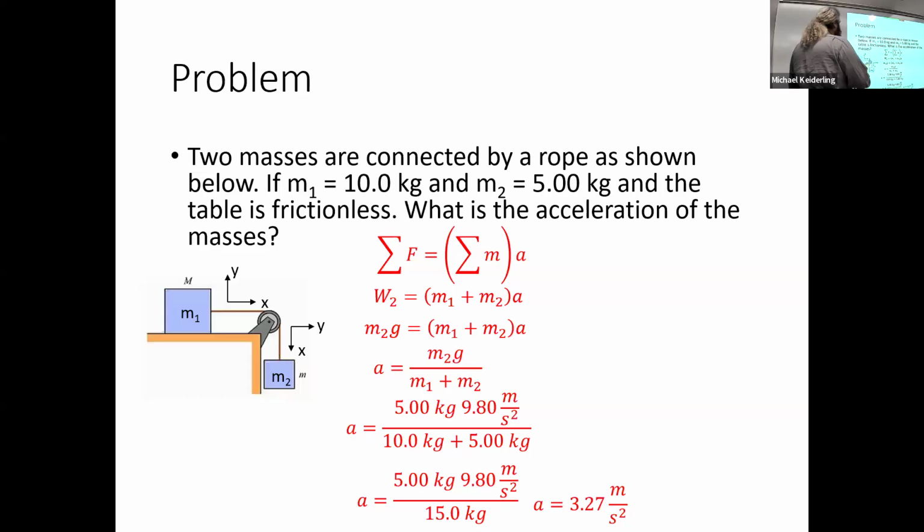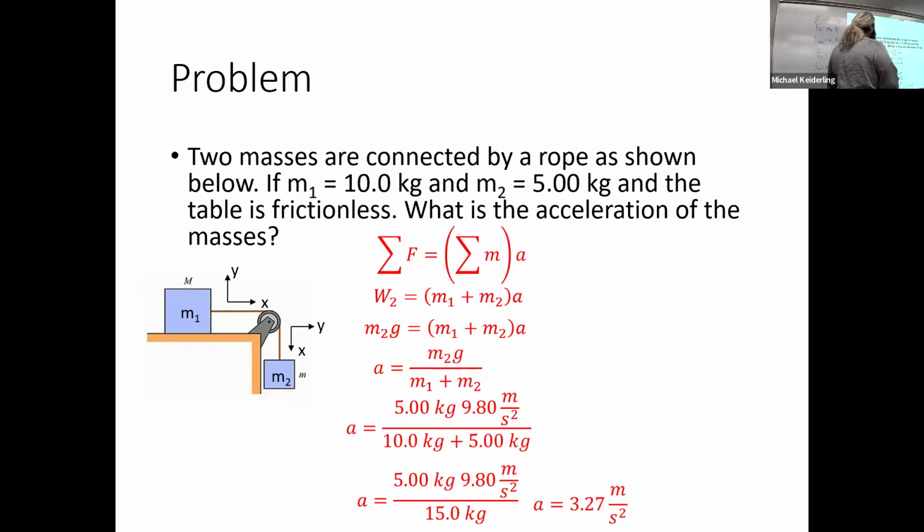Mass 1, the net force, so we'll ignore the tension in the string, basically. Mass 1, the forces in the y direction cancel out. Mass 2, there's no forces in the y direction, but the force in the x direction is the weight of mass 2. So we get weight 2, that's the net force on this system, equals mass 1 plus mass 2 times acceleration.